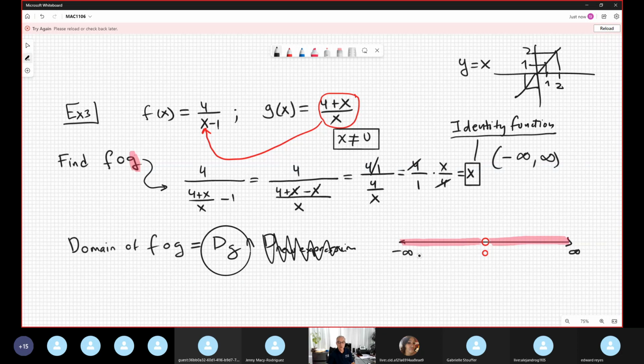So the domain of f composition g, capital D, is from negative infinity to 0, not including 0, union 0 to infinity. So the only bad guy is 0. Cool?